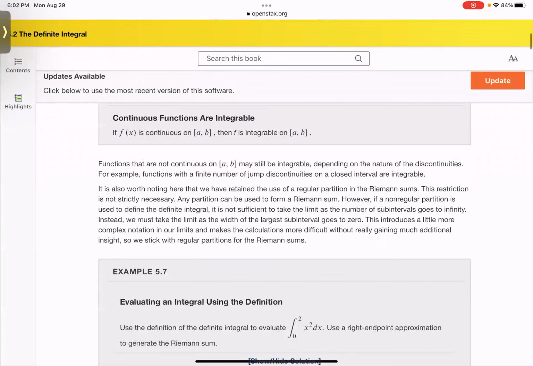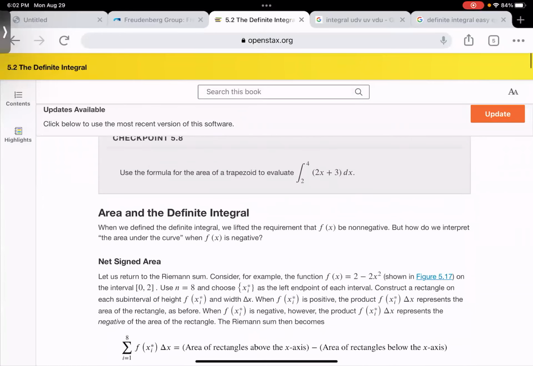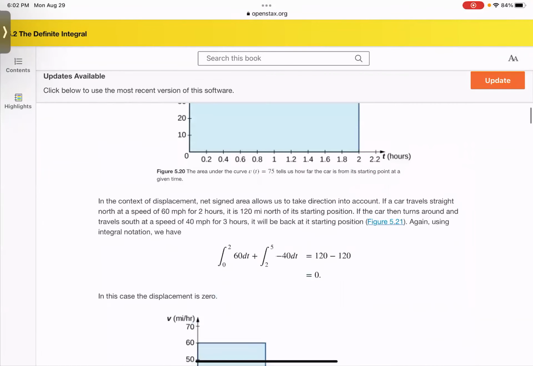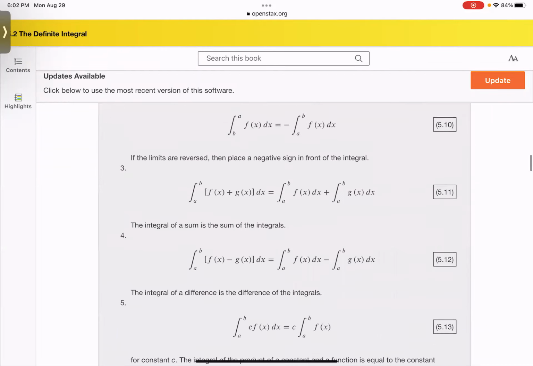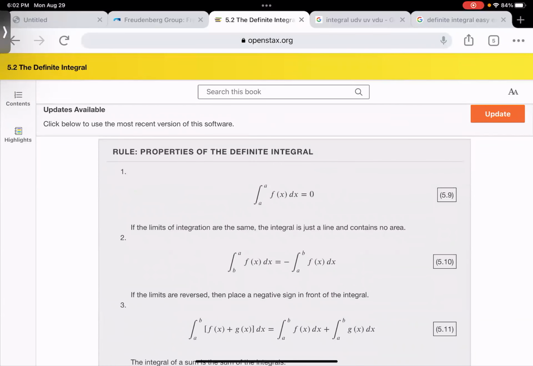So now we're going to take a look at the table to show what I mean. Here are the properties of the definite integral. They're similar to the indefinite integral, except that the c is basically gone now.